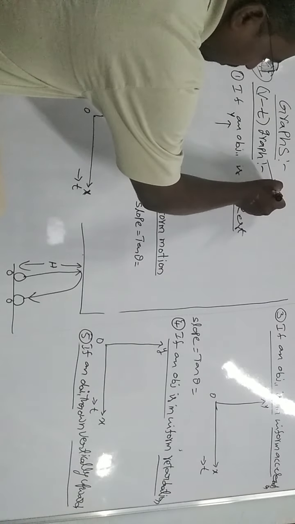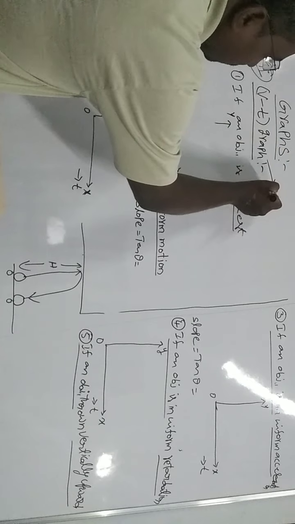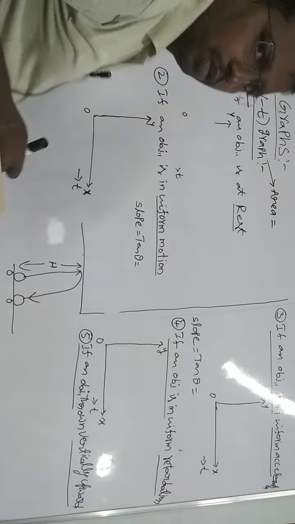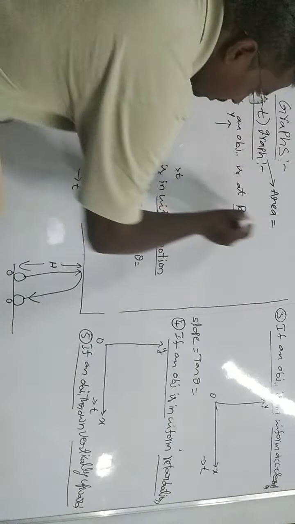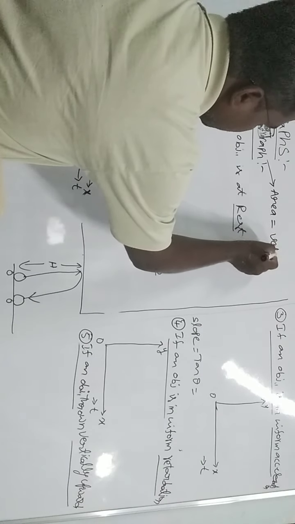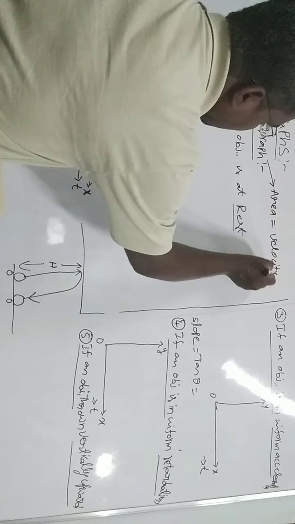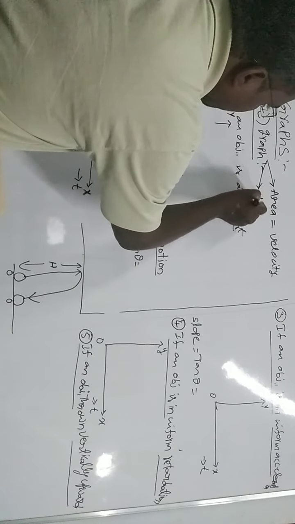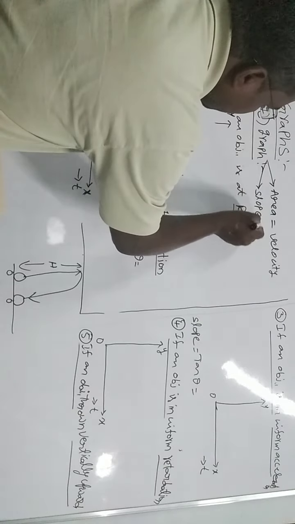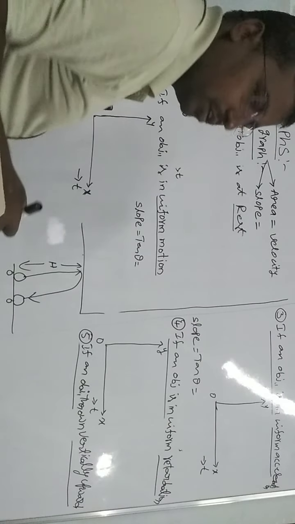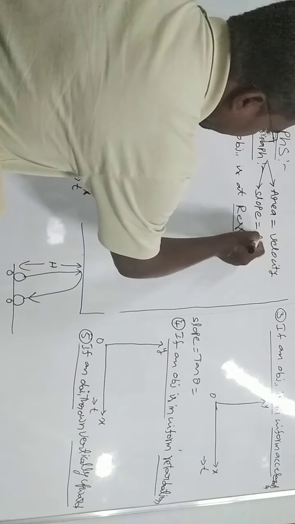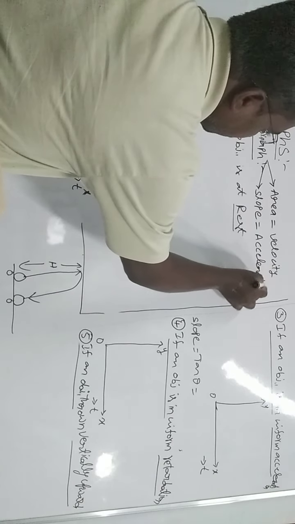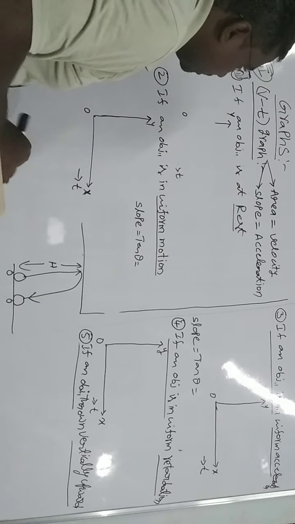So this velocity time graph gives, under the area of this graph, the velocity, and the slope of the VT graph gives acceleration.